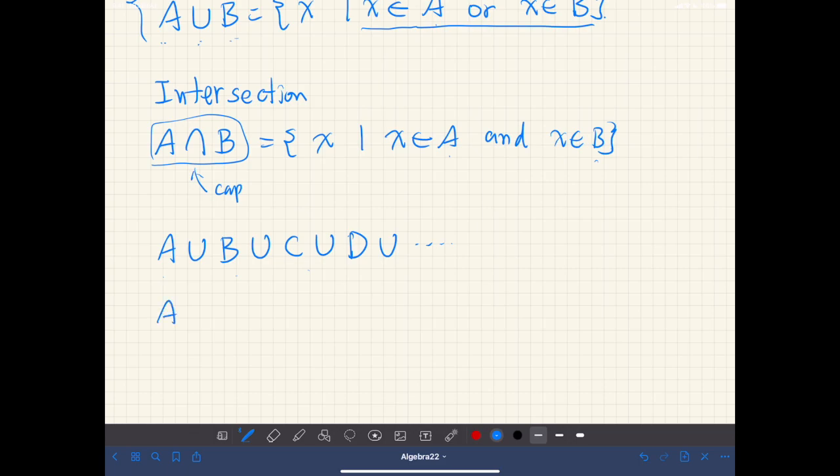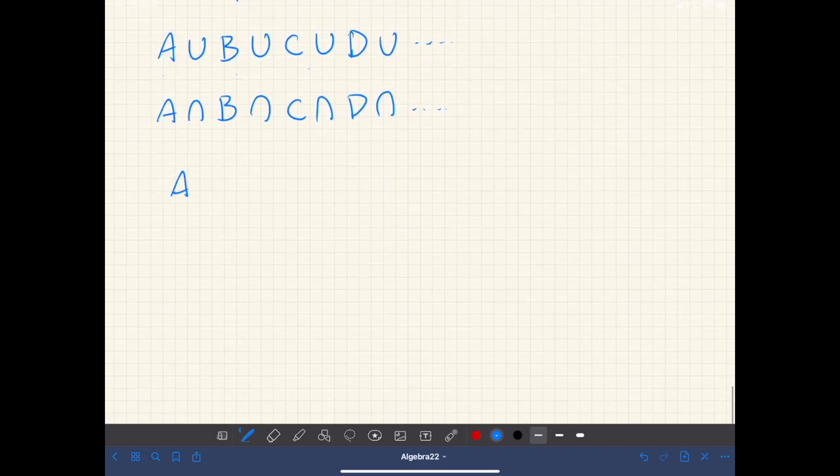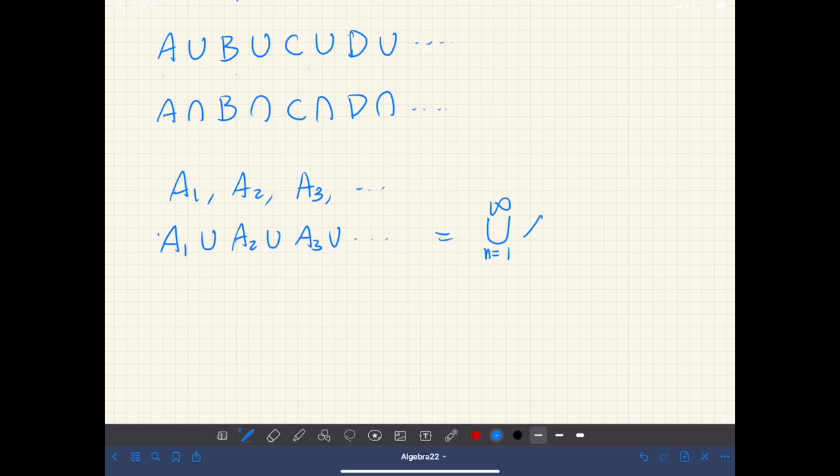Similarly, intersection can be extended to many sets, and so on. And if we have a sequence of sets like A1, A2, A3, and so on, we may write the union A1 cup A2 cup A3 cup and so on as the cup, n from 1 to infinity, A n.